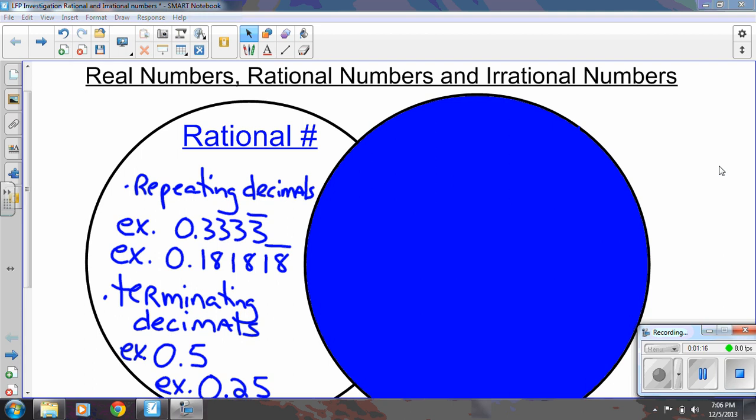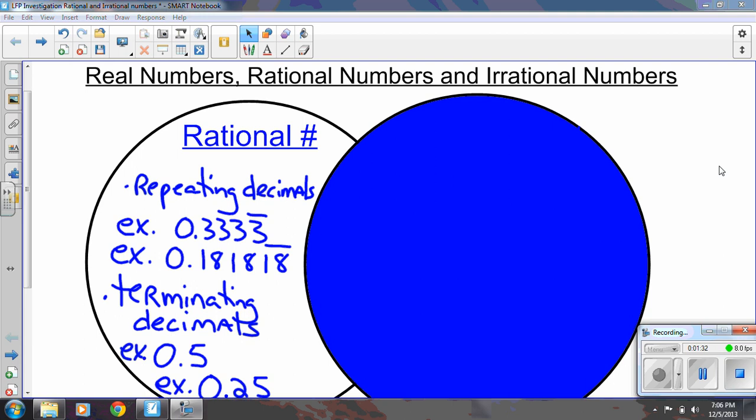Another example is 0.181818 with the repeating sign over 18. Anytime you have a decimal with a repeating pattern, a repeating decimal, that is a rational number.